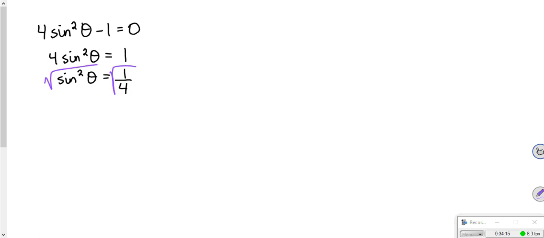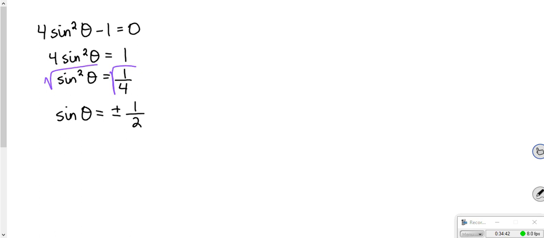Anytime you use the square root procedure to solve a quadratic, and this is one even though it's a trig function, you've got to do the plus or minus. So this gives me sine theta equals plus or minus 1/2. I hope you all will agree that the square root of 1/4 is 1/2. Square root of 1 is 1, square root of 4 is 2. But again, I got the plus minus.